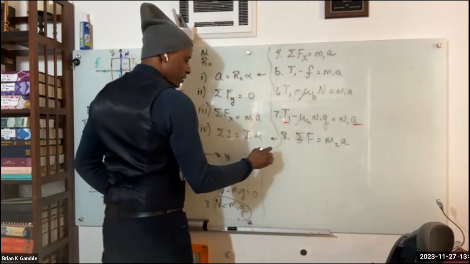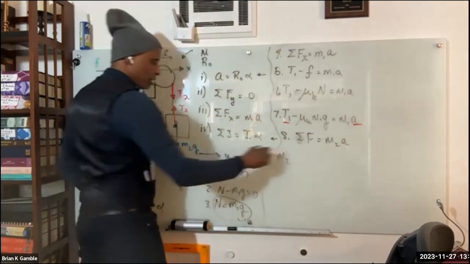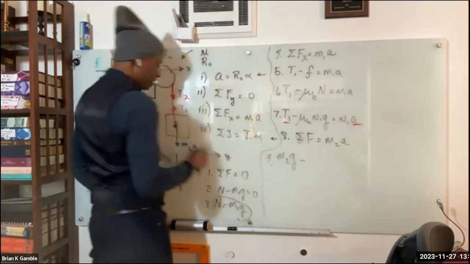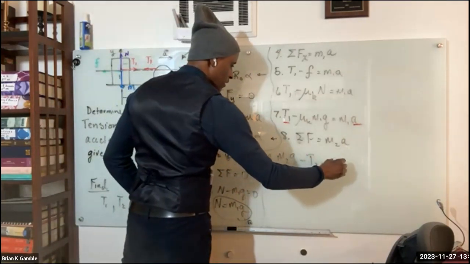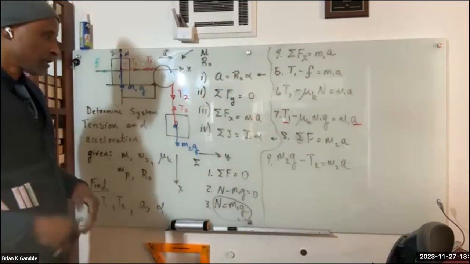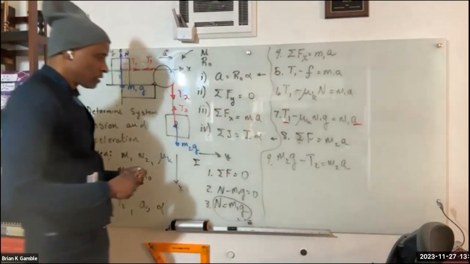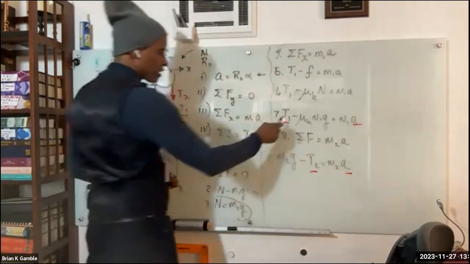Now, net force is m2g minus T2 equals m2a. And that's as far as we can go with that. So we got three of the unknowns, T1, T2, and a.